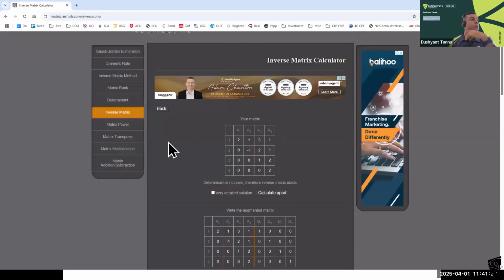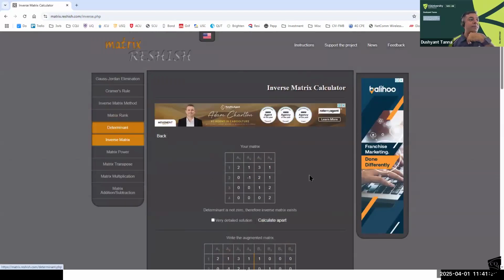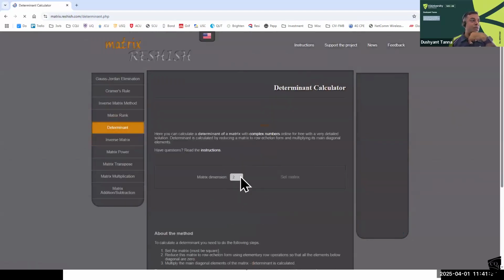If you wanted to find the determinant, again, you go to the same website and set your matrix.